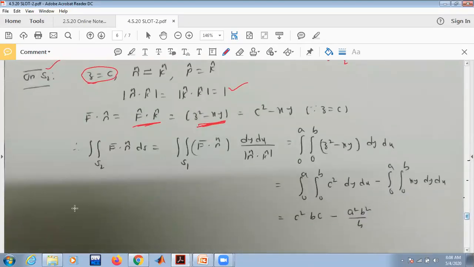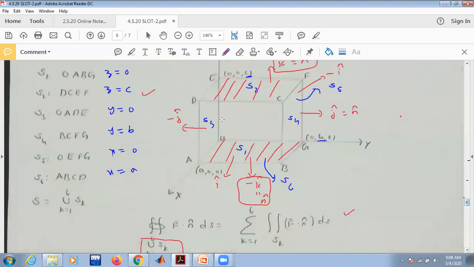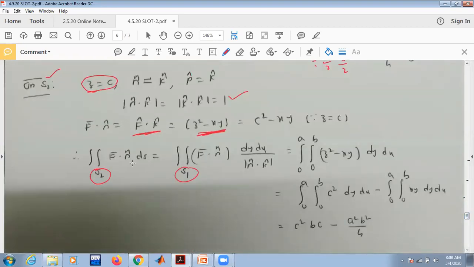Now the integral over S2 of f bar dot n bar. But S2 is in space. Therefore, I have to take the projection of S2 on xy plane. Projection of S2 on xy plane is S1. And ds is going to be dy dx over modulus of n bar dot k bar.